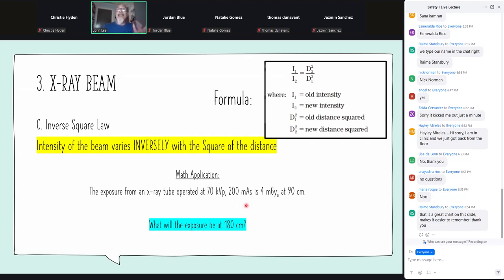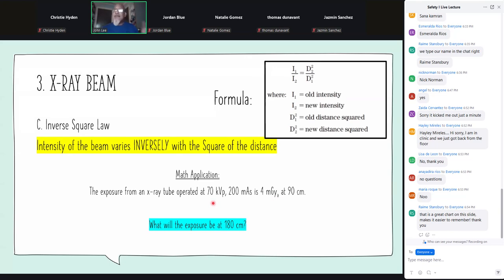So the math application: the exposure from an X-ray tube operated at 70 kV, 200 mAs, is 4 milligray sub A at 90 centimeters. All right, so there's a bunch of numbers there. How do we know we want to use the inverse square law? Well, the first thing we're looking at here is the exposure from. So we know that this is going to be tied to the 4 milligray in air.